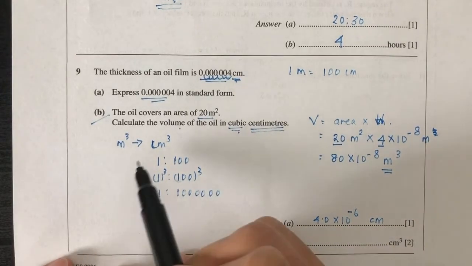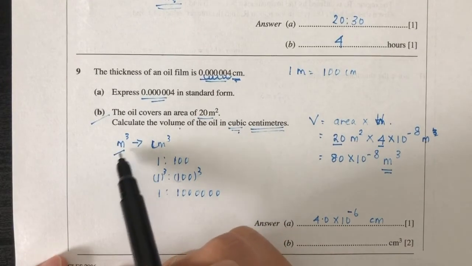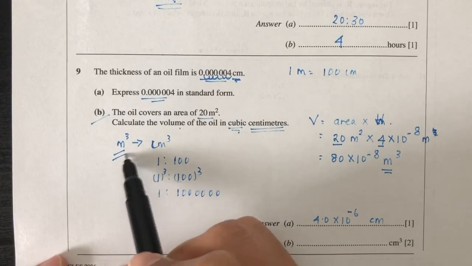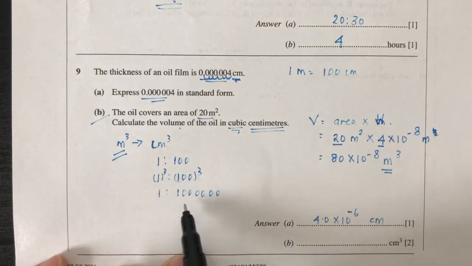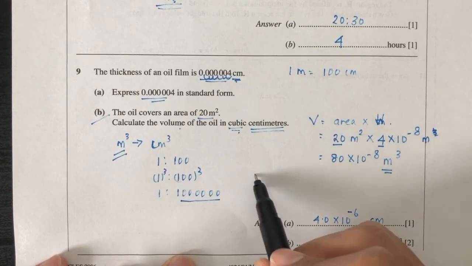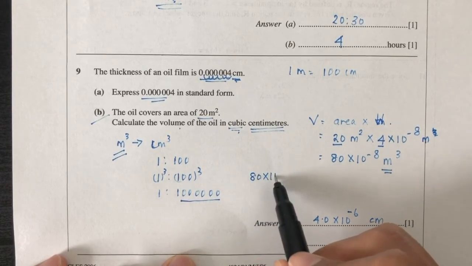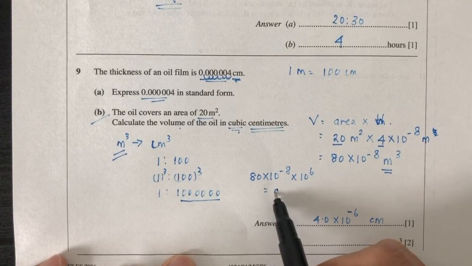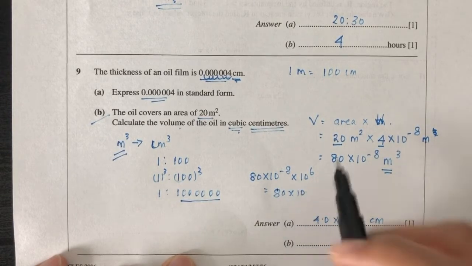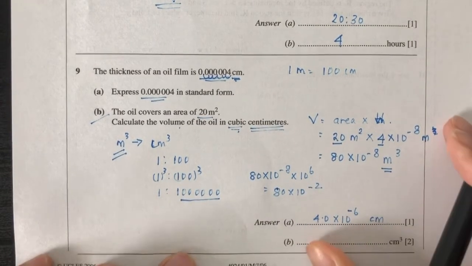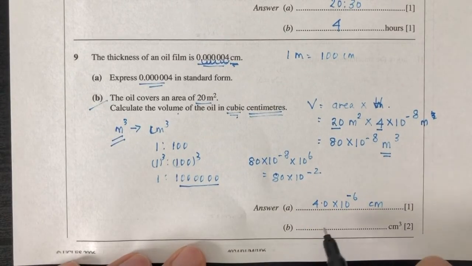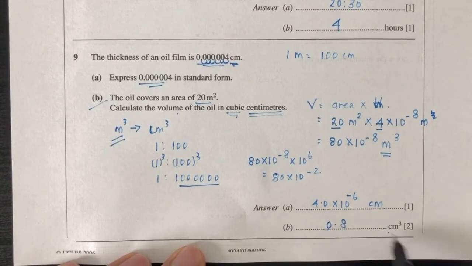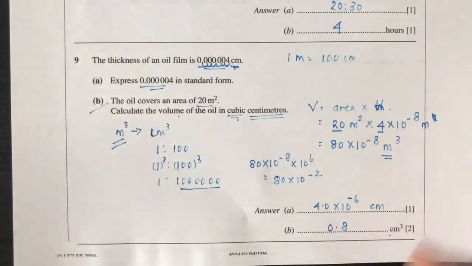So basically to convert meters cubed to cubic centimeters, we have to multiply by 1 million. So multiply this by 10 power 6, that will be 80 times 10 power minus 2, which is 0.8. This will be your answer for part 9.